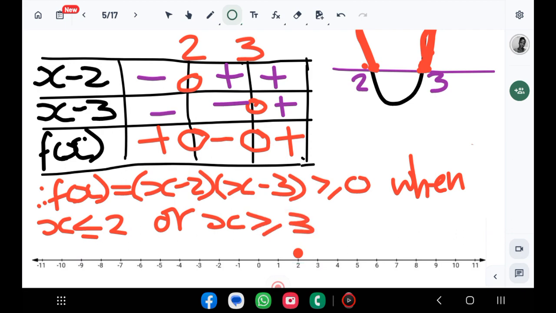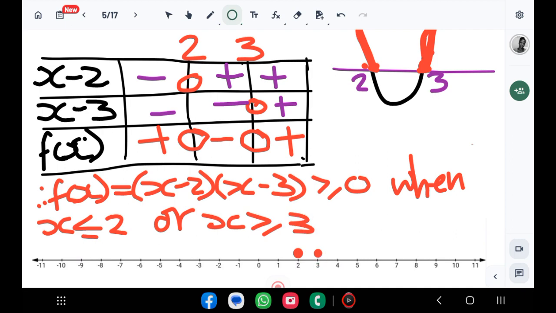And then the other solid dot should be on top of 3. Let's make it a bit bigger. Here is the other solid dot, on top of 3.